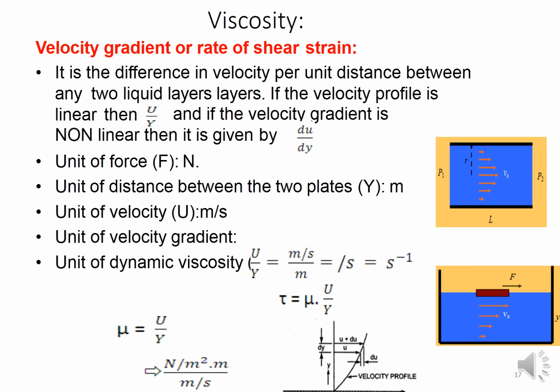Unit of dynamic viscosity is mu, tau is equal to mu into U by Y. If you substitute there, you will get Newton meter per second square, Newton second per meter square. Here m and m cancel, so s goes at the top, Newton second per meter square, or you can say Pascal second.